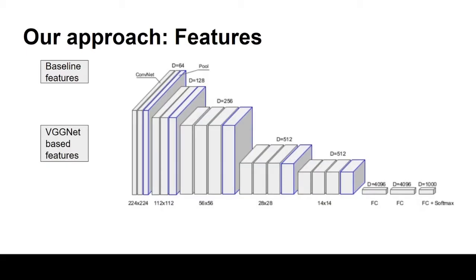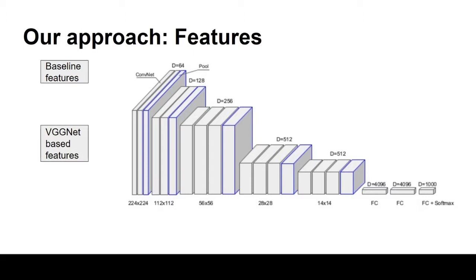So first, talking about the features and how we extract them. We have the baseline features that were provided as part of the task. They were discussed during the task introduction, so we'll just skip the description of baseline features. The next features that we added were based upon this VGGNet architecture. We have this diagram of the VGGNet architecture on the right.